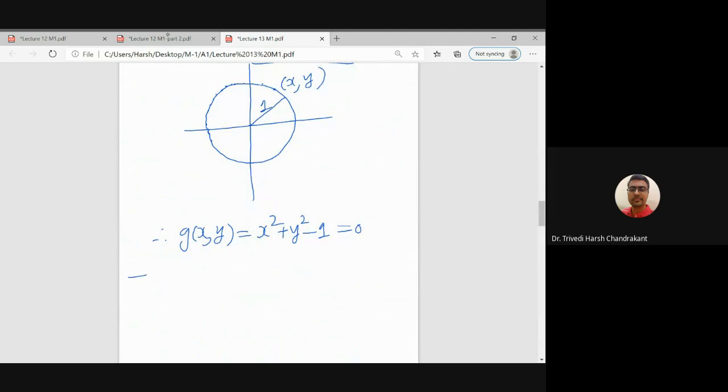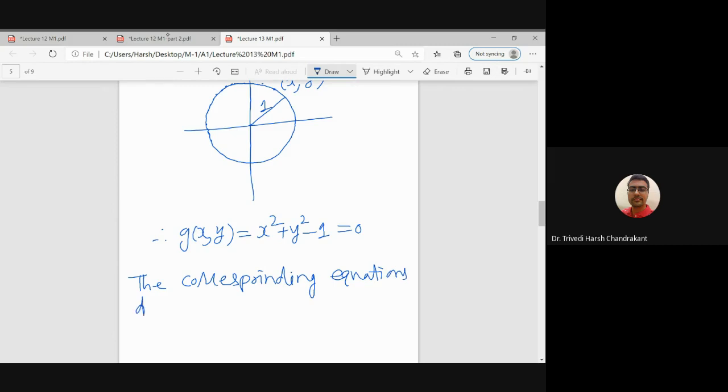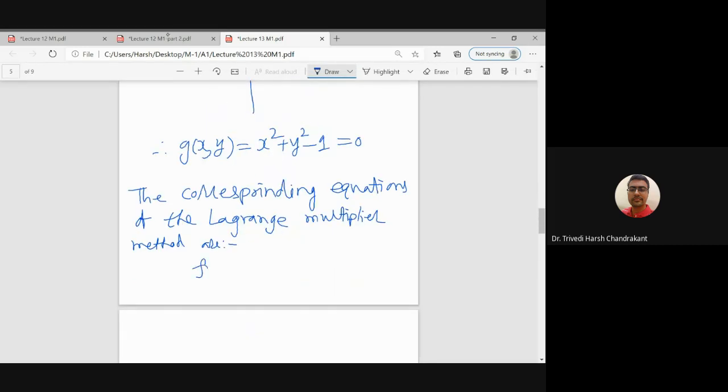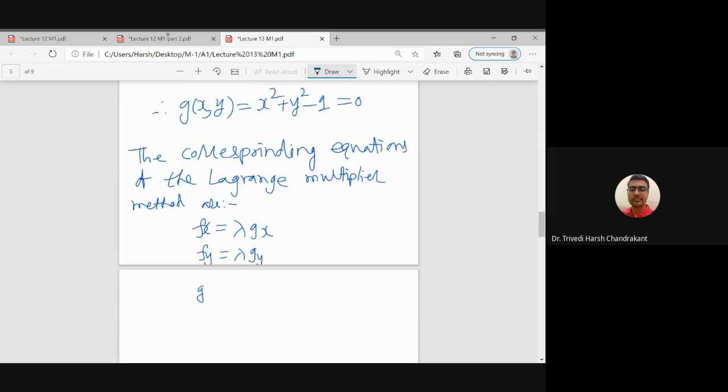So the corresponding equations of the Lagrange multiplier method are: first, fx equals lambda gx; second, fy equals lambda gy; and third, g of xy equals 0, that is x square plus y square minus 1 is 0.